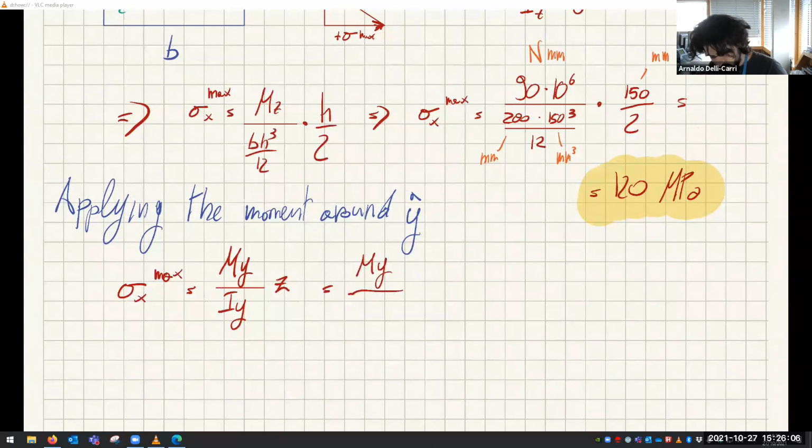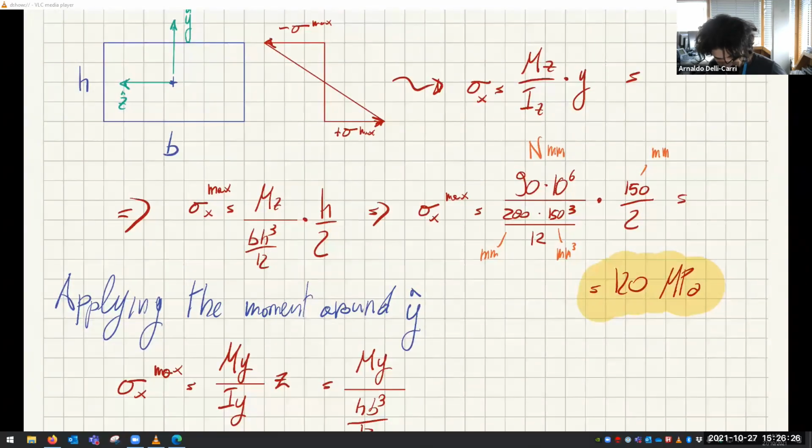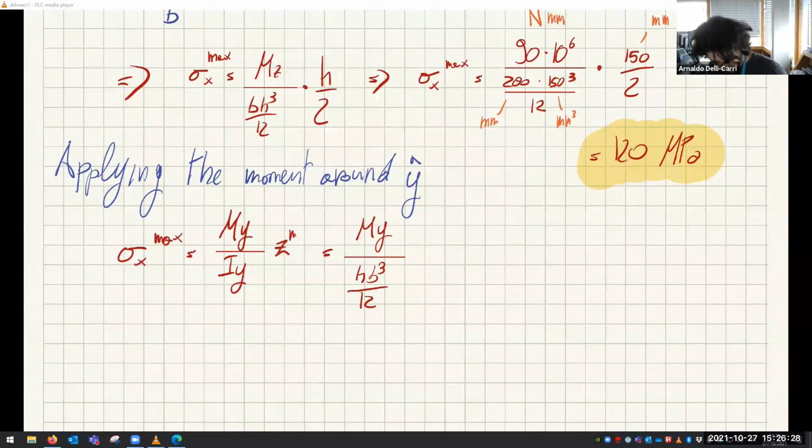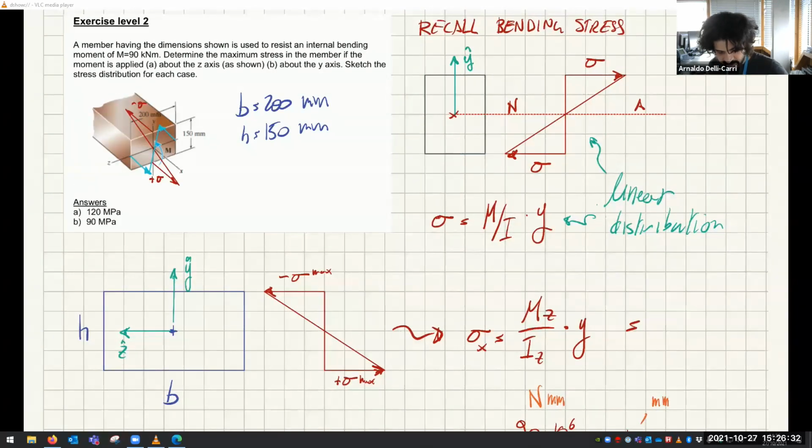Now, of course, Iy is not bh cubed divided by 12 anymore, it's hb cubed divided by 12, because we are swapping the axes. And z max, the largest z, is b divided by 2 now.